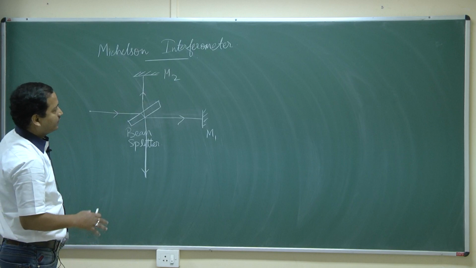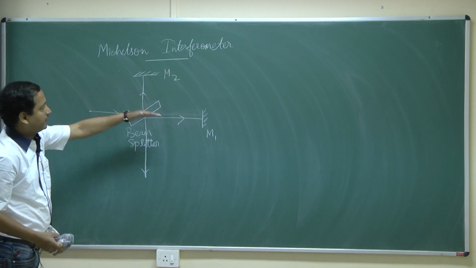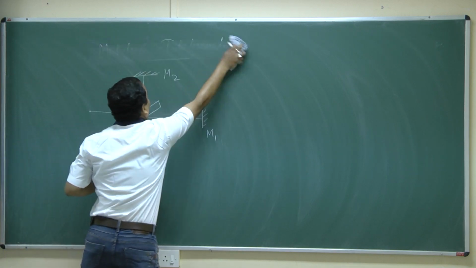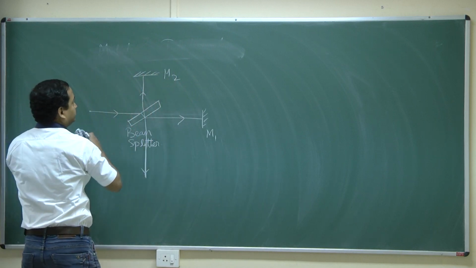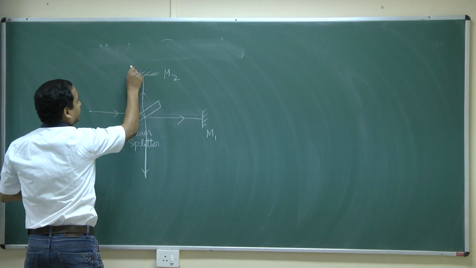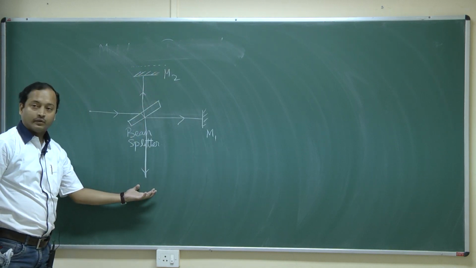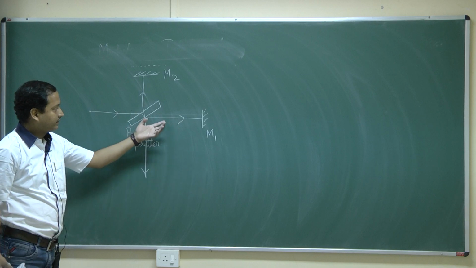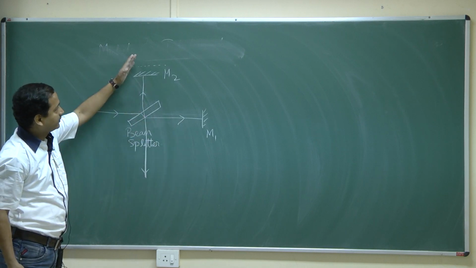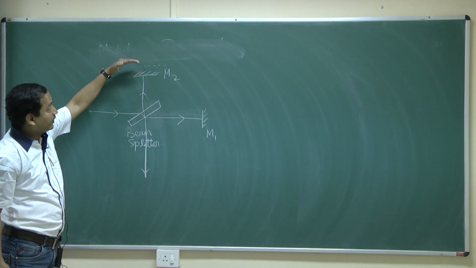Now, there are two situations. If the two mirrors are parallel, then roughly, I can think of this mirror as being here, the virtual image, because once you see from here, the observer cannot track this ray path, but you will feel that the light is coming from a different point up here.